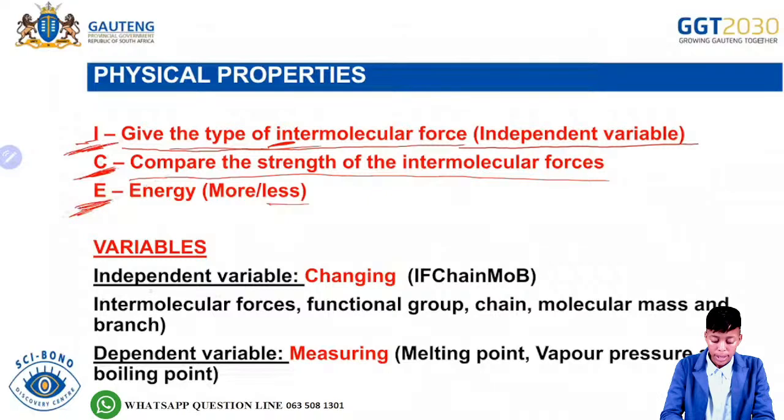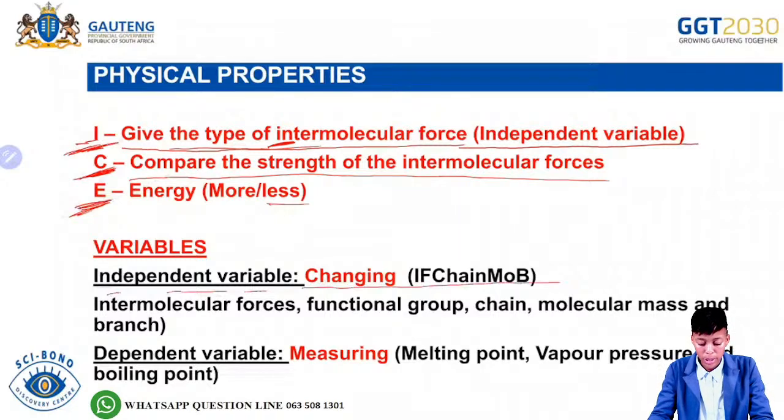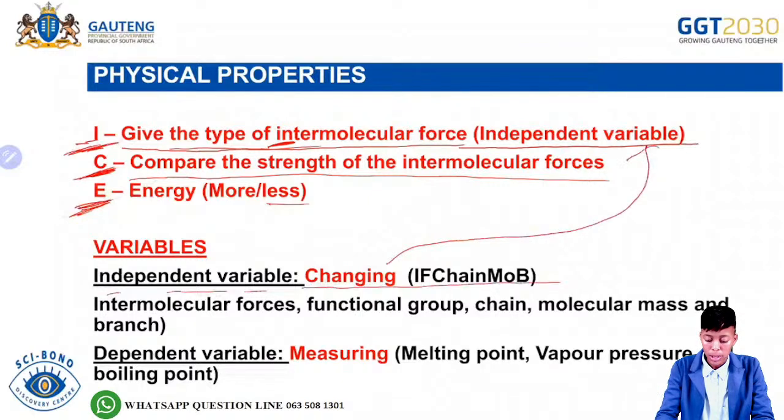Then the variables. We have the independent variable, that is what you are changing. It goes hand in hand with the I, where you give the type of intermolecular force.